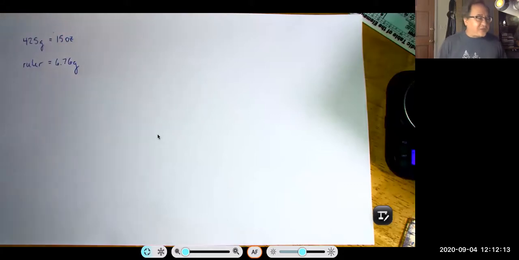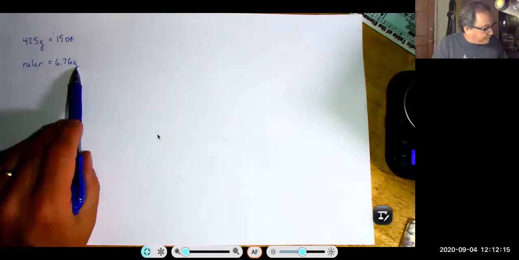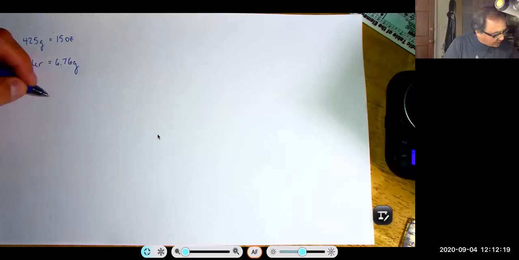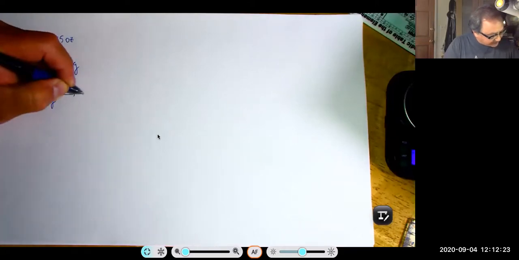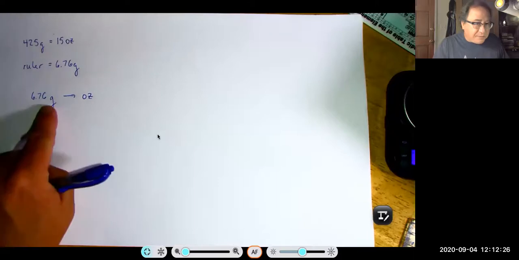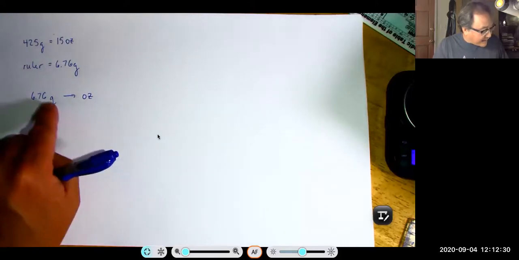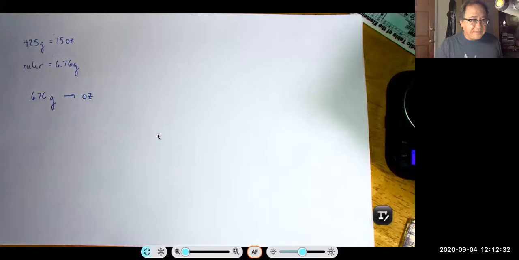So the directions ask you to convert this from metric to ounces. So I want to go from 6.76 grams to ounces. And I will be able to do this directly if I have an equivalency that has grams and ounces in it, which I do above.